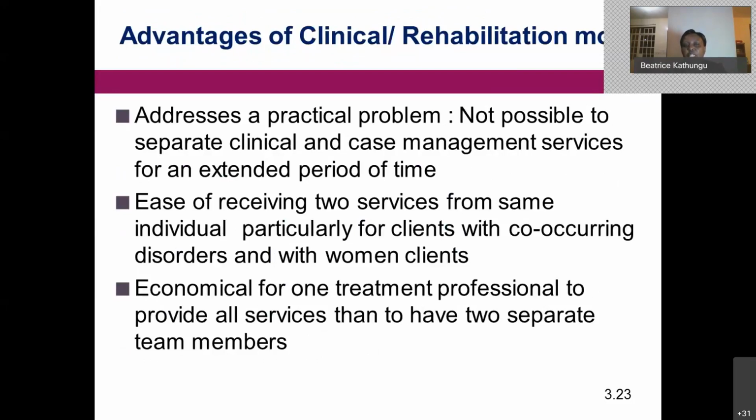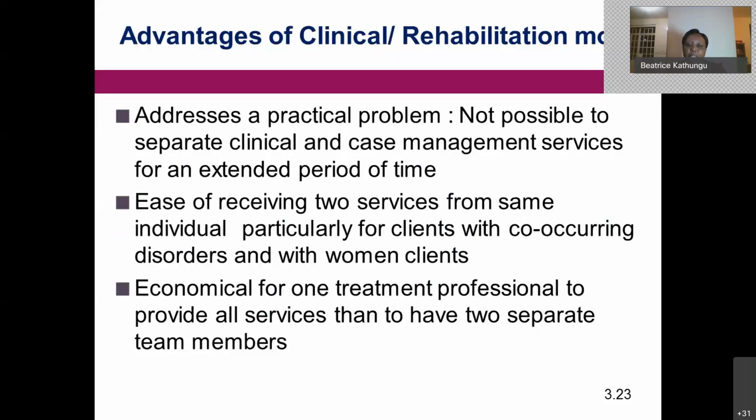Now, you see, when you are the counselor, you may not have the benefit of being able to follow up because it's quite some work. So we are saying that when you combine the two, then you're able to address this simultaneously. And that is actually realistic and practical. There is also ease of receiving two services from the same individual for the client. Imagine if the client has a co-occurring disorder, you work with them as the clinician or the counselor, then you refer them to a third party who works with them as a case manager.